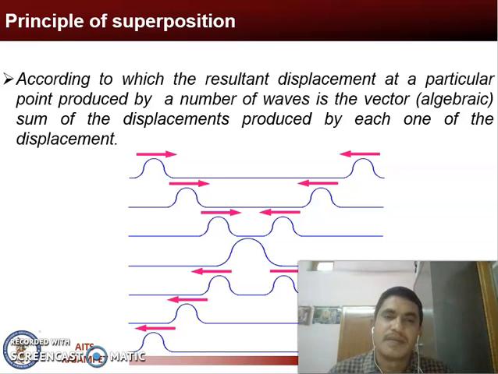The principle of superposition states that when two or more waves meet at a point, the resultant wave displacement is equal to the algebraic sum of the displacement of each wave. For example, here we can see a wave pulse traveling from left to right and another wave pulse traveling from right to left, and they meet at a point and we get the resultant wave.